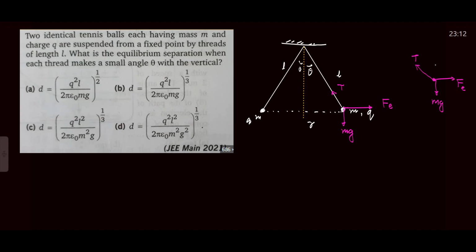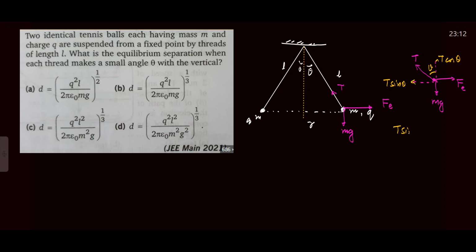Now you can take components and draw again. This is the angle theta with the vertical, this would be T cos theta, and this would be T sin theta. Now just balance, because in equilibrium the forces should balance.